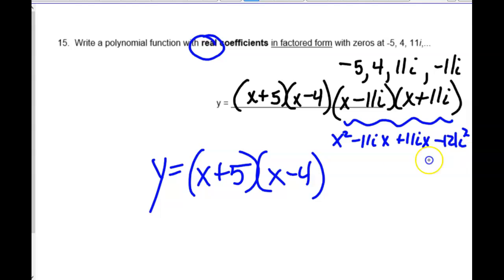What's minus 121i squared become? Positive 121. It's not 11 though, right guys? Because it was 11 times 11. Because a lot of people did that on the last quiz. What else?